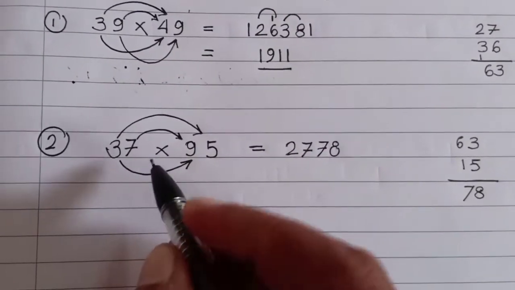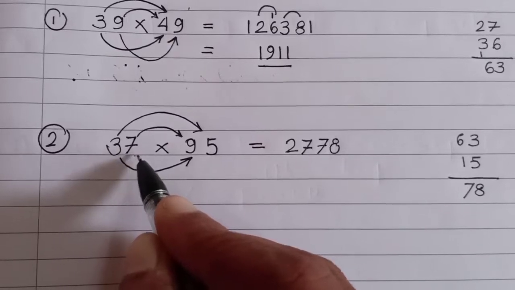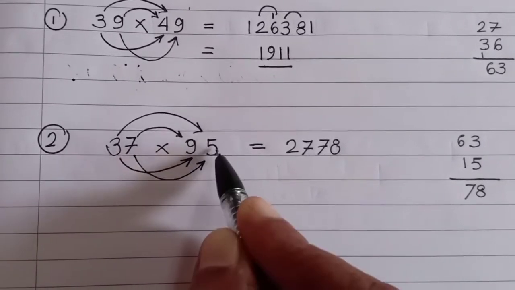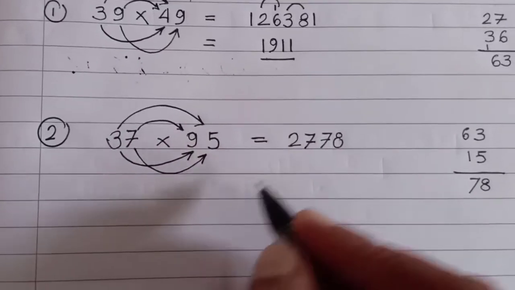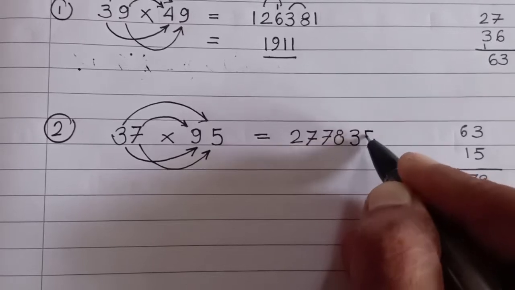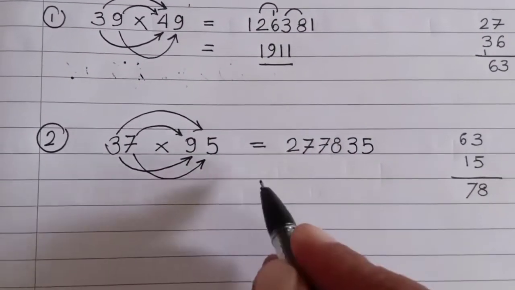After that, you make a multiplication of this one, 7 into 5. It is 35. Now you are reaching towards your answer.